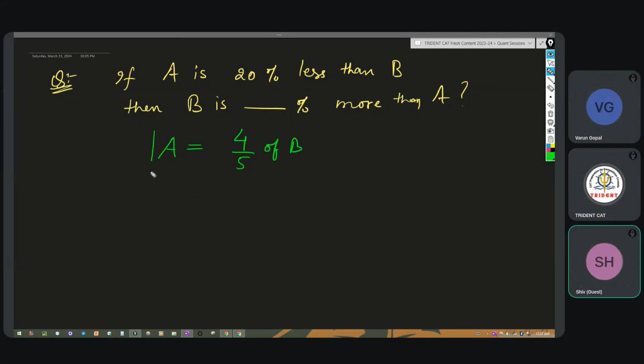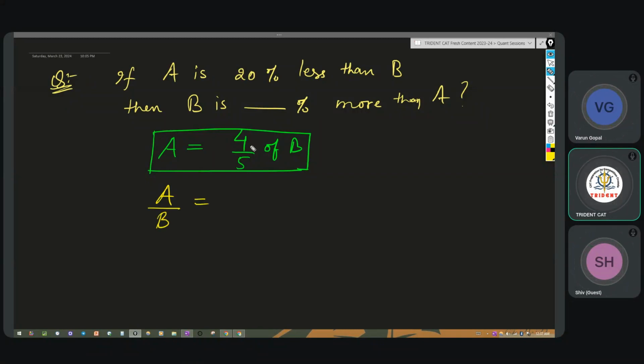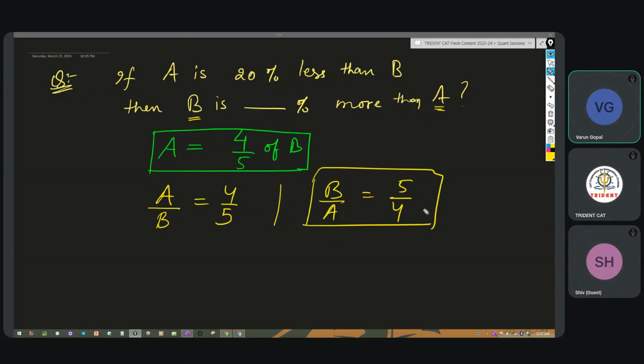At this point, Shiv, there are many things that we can do. Ideally, what I would have done, or any trained mind would do, is just look at the ratio 4 by 5. Because they're asking me to find B on A, just reverse this. So B on A becomes 5 by 4. So more than, now please pay attention, Shiv. I'll give you a very detailed explanation, but just see what I'm doing.